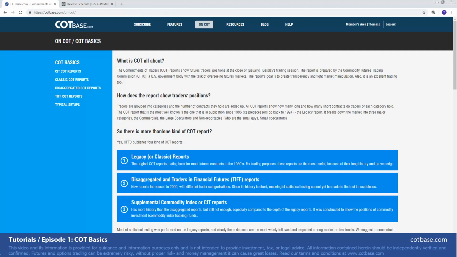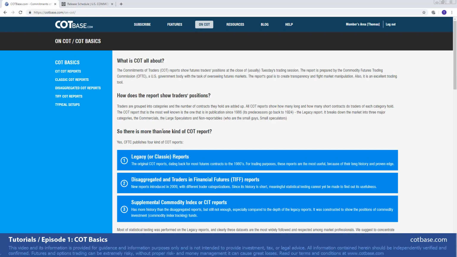Now we have other data types as well, not just the classic report, which is the first type of report that was published and the most well known. I would suggest everybody starting off with COT analysis focus their attention on the legacy or classic reports, because it's easier to understand what traders are doing there.